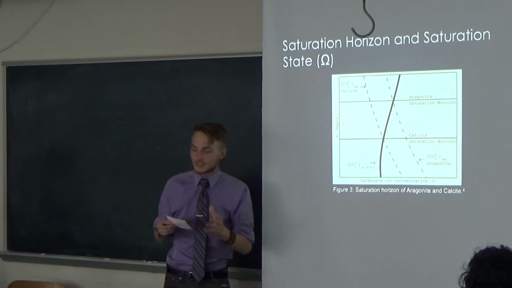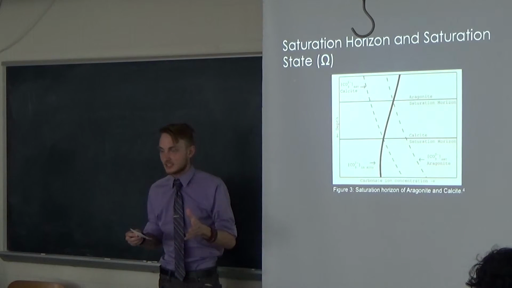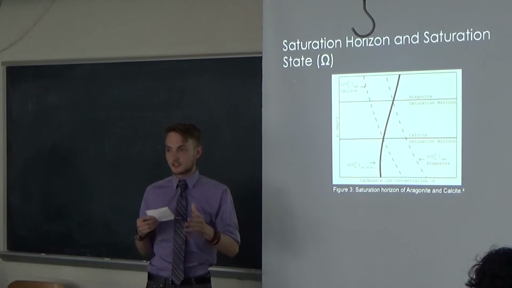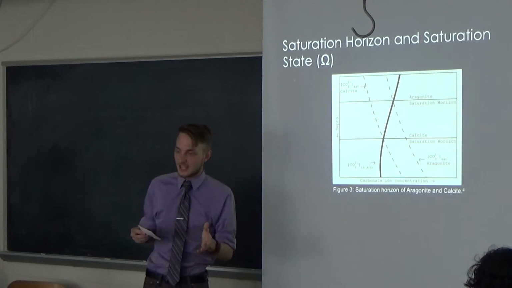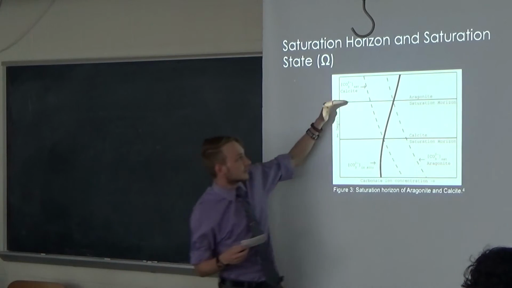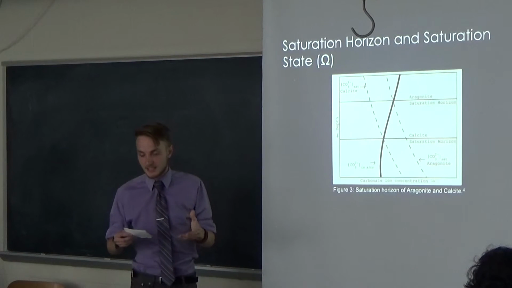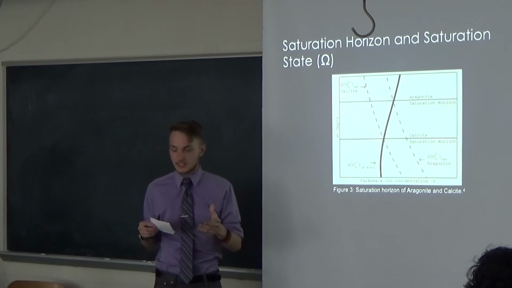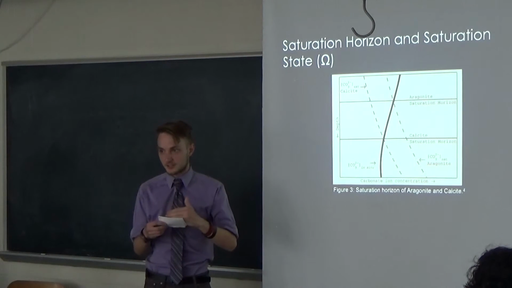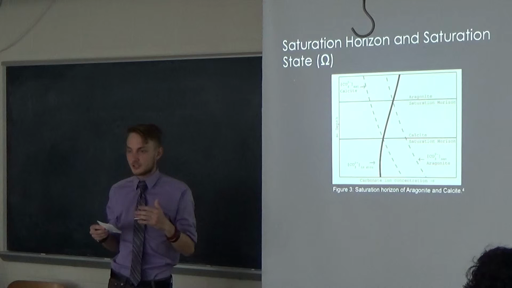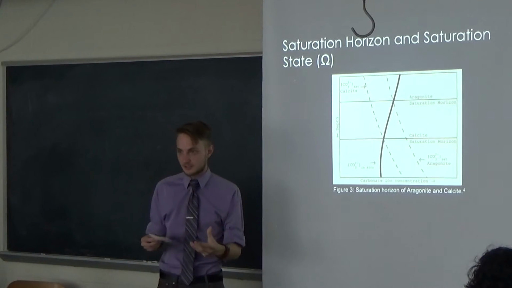A saturation state of less than 1 leaves the water unsaturated, in which case there are not as many carbonate ions in the water for marine organisms to use. At the saturation horizon, which is here, the saturation state equals 1, and that means that calcium carbonate is neither being dissolved nor precipitated, and that is the barrier, the depth at which marine organisms, calcifiers, can no longer create their shells.